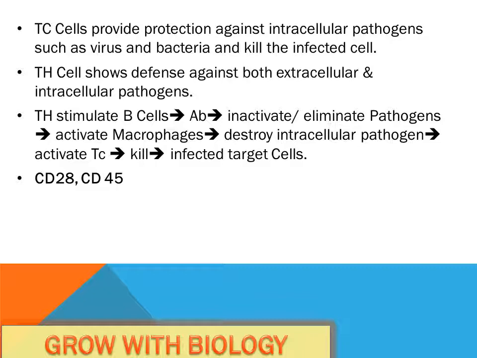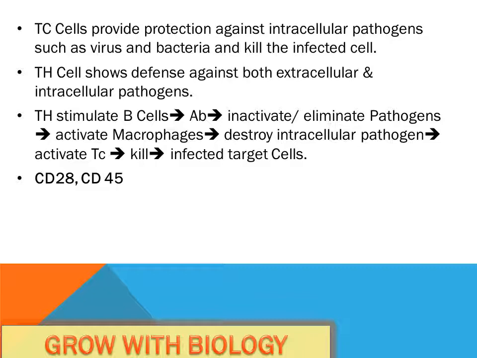Now what is the exact mechanism? Th cells stimulate B cells. B cells will release antibody. This antibody will first inactivate and then eliminate the pathogen. In the meantime, it will activate macrophages to destroy the intracellular pathogens. As the pathogens are destroyed, the activation of Tc cells will kill the target cells.